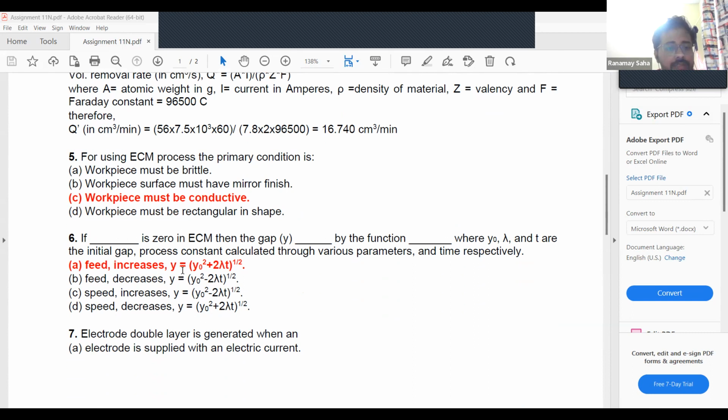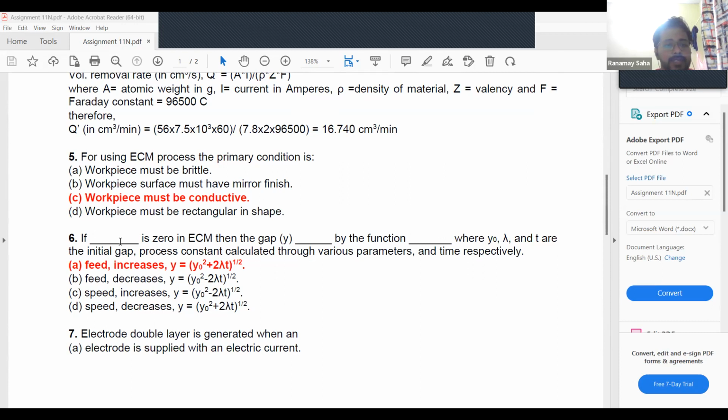Now, the next question was related to the equilibrium gap. This equation, the parabolic variation of the equilibrium gap, was derived in the last class.